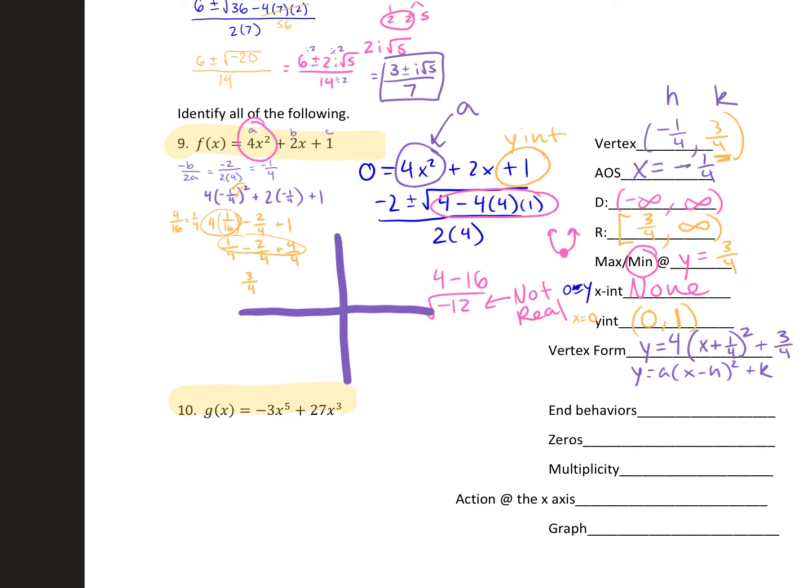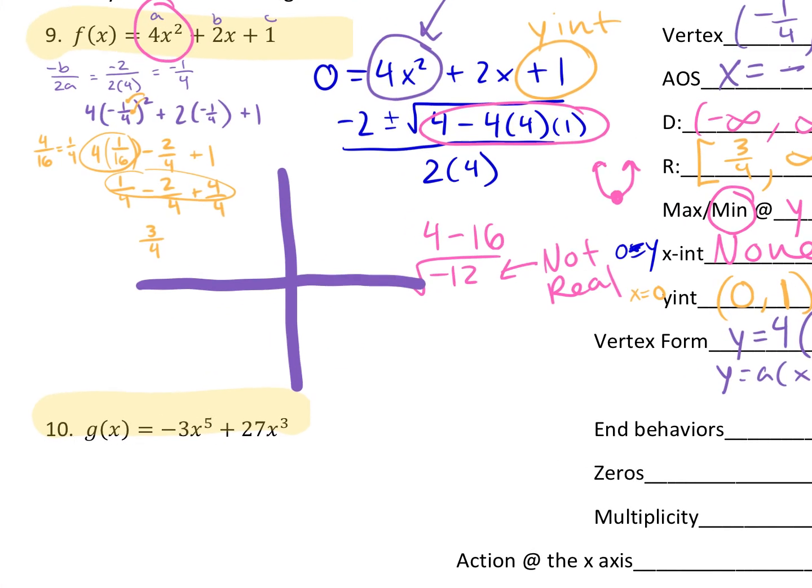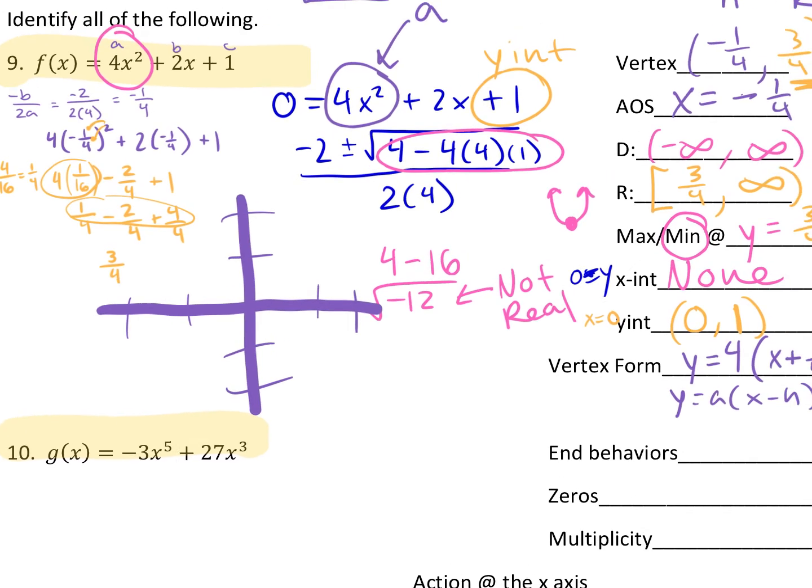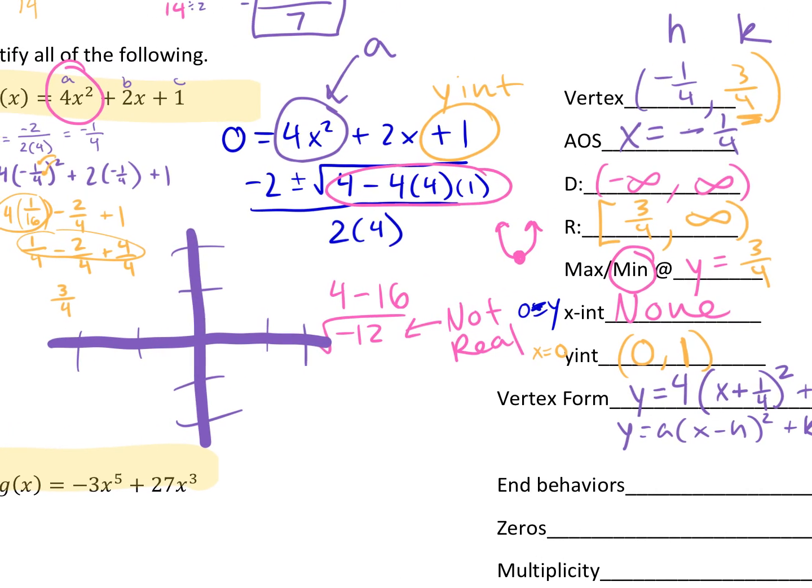Just in case you have to graph on the test. So I start with my vertex. I'm going to put a point at negative 1/4, 3/4, so about there.